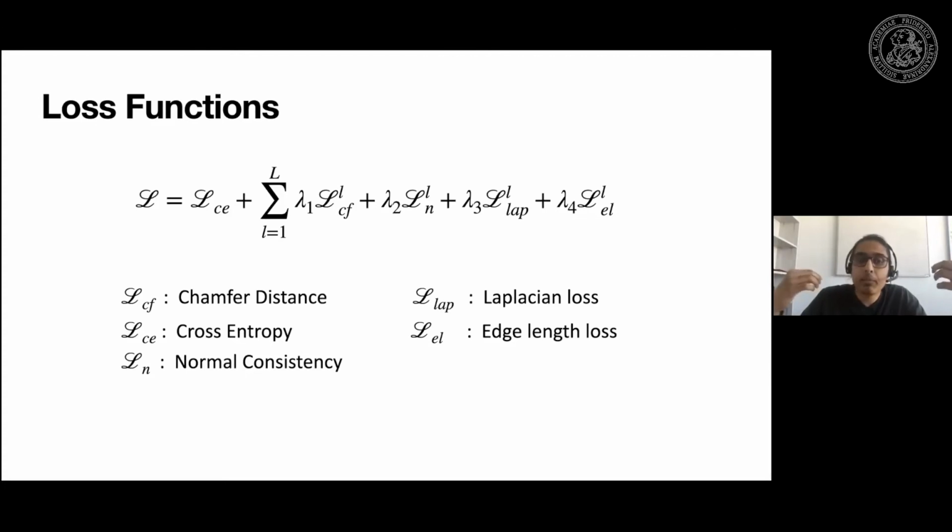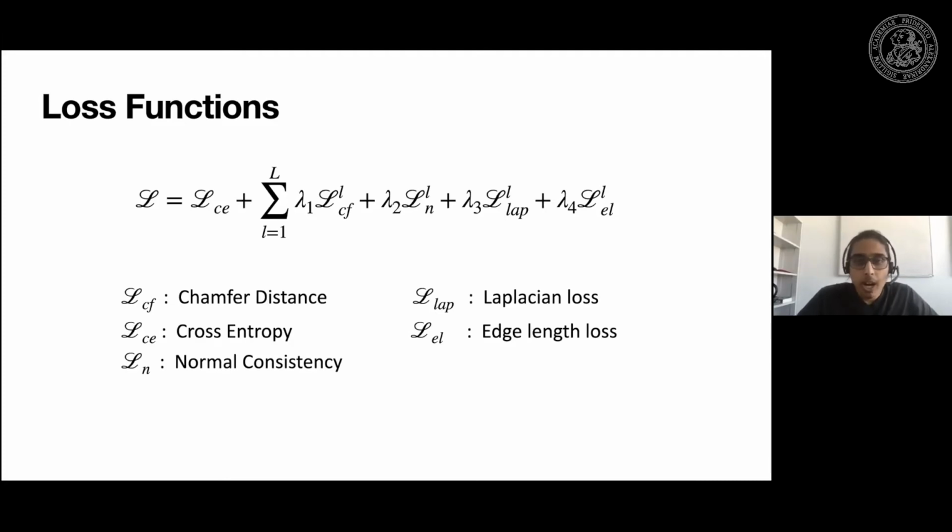But unlike the Pixel2Mesh architecture, we have the cross entropy loss as well, because we have a voxel decoder as well. I'm using the standard definitions, nothing new here. It's just for the sake of completeness that I included this slide.